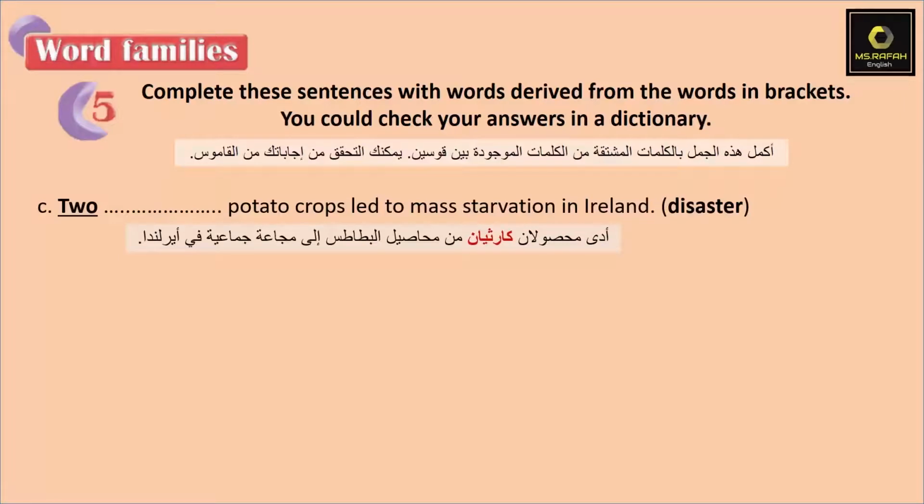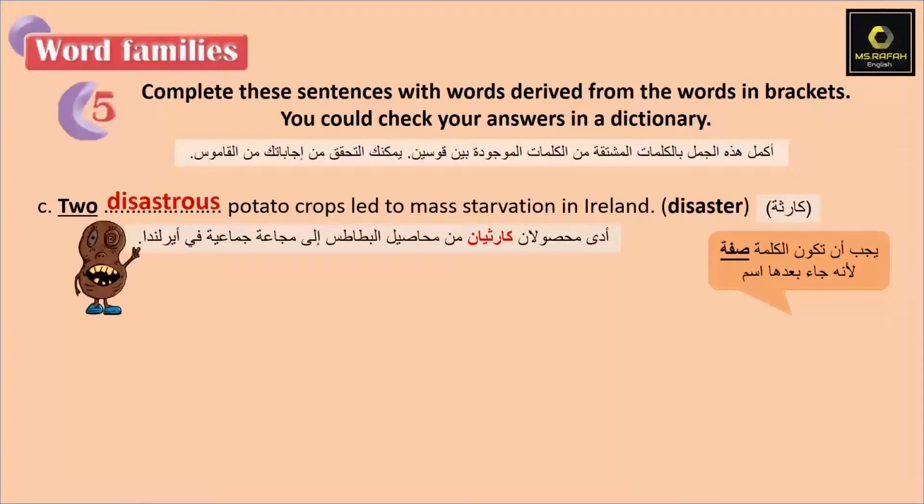Potato crops led to mass starvation in Ireland. disaster كارثة. اسم بالفراغ لأنه إجا قبلها رقم وبعدها اسم رح نحط صفة. شو الصفة من كلمة disaster؟ Disastrous.